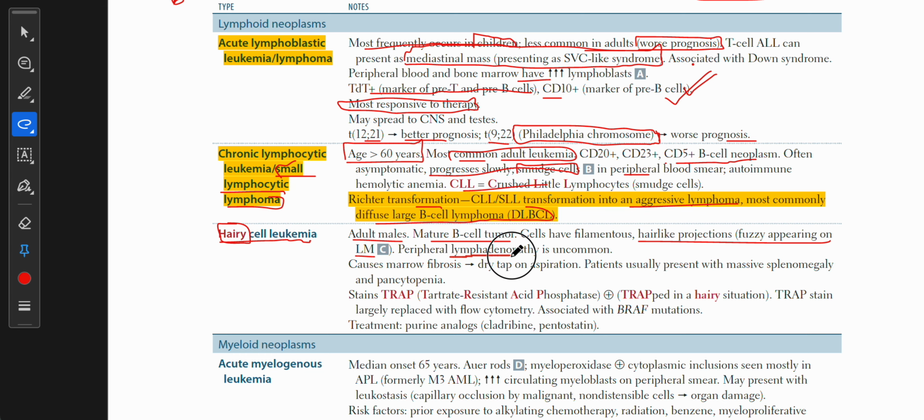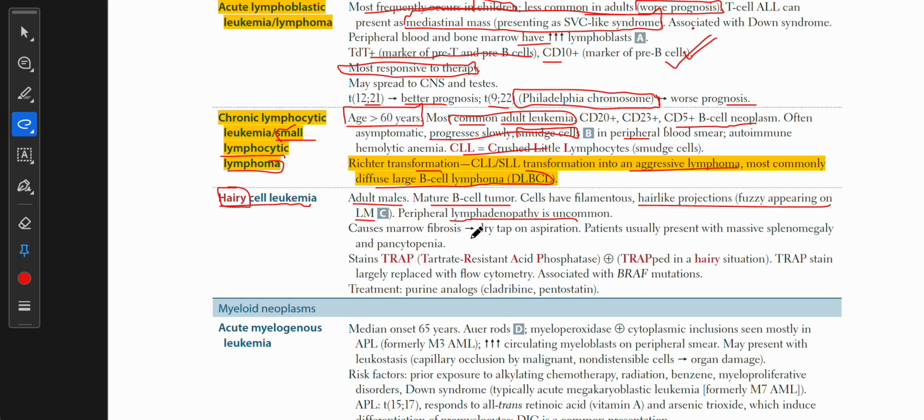Also, peripheral lymphadenopathy is uncommon in this case, and it causes myelofibrosis, which gives a dry tap on aspiration. There are no cell lineages that can be presented in the bone marrow aspirate, which is called a dry tap, right? Patients usually present with massive splenomegaly and pancytopenia.